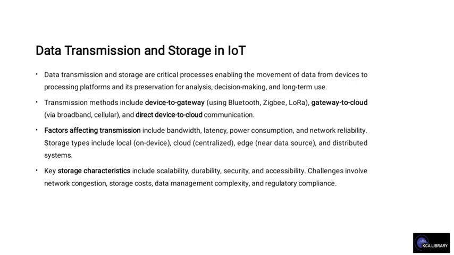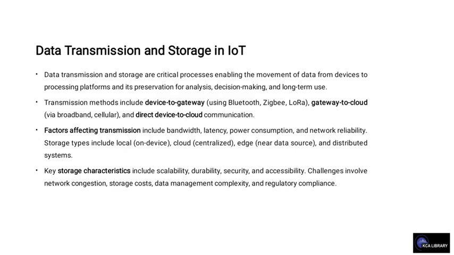Data transmission and storage in Internet of Things stands as a critical process enabling the movement of data from device to processing platform and its preservation for analysis, decision making, and long-term use.